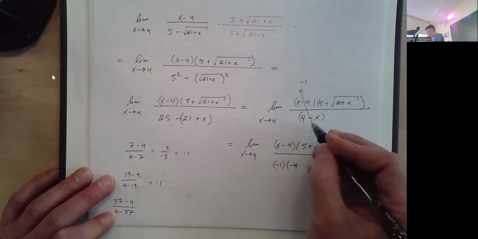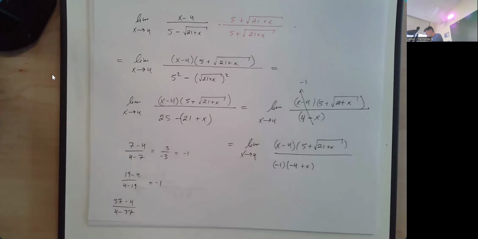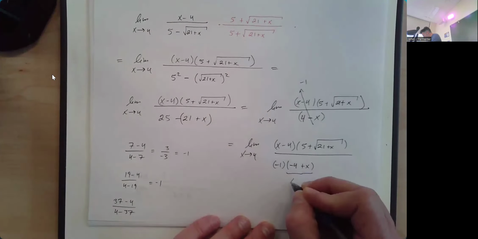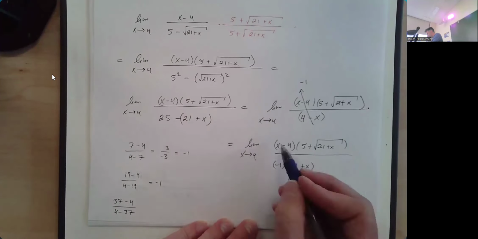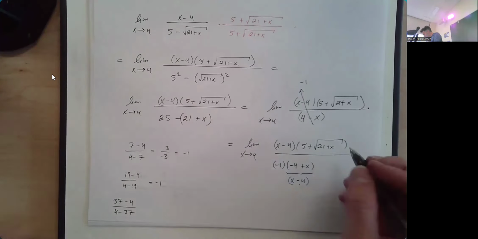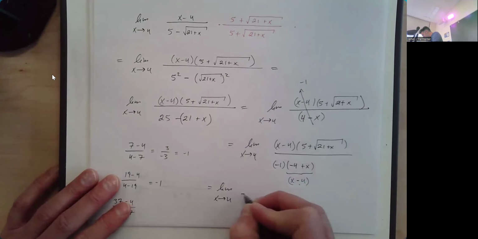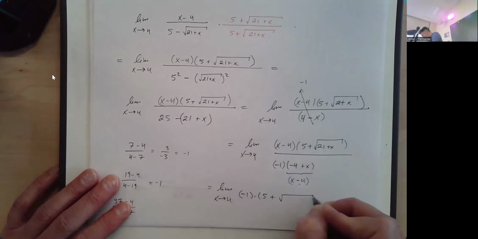And negative x divided by negative 1 is positive x. But negative 4 plus x is the same as x minus 4. So that divided by that will be 1, but then there's a negative 1 out in front. So either way, you're getting the limit as x approaches 4 of negative 1 times 5 plus the square root of 21 plus x.